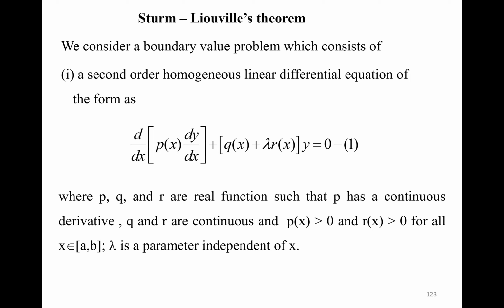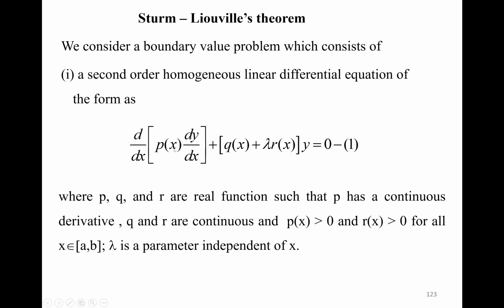Sturm-Liouville's theory, this is the differential equation. Equation 1 is the Sturm-Liouville equation, and of course, as I said in the introduction, we will have to have boundary conditions. It's a homogeneous equation because the right hand side is equal to 0. Here d/dx of p(x) dy/dx plus [q(x) plus lambda r(x)] times y equals 0.